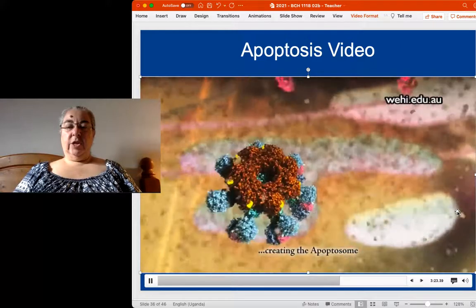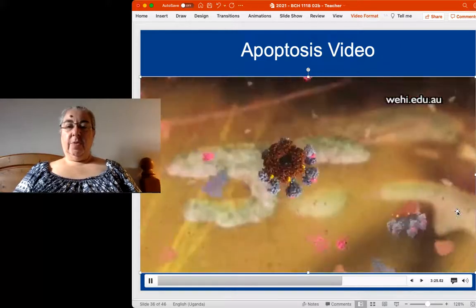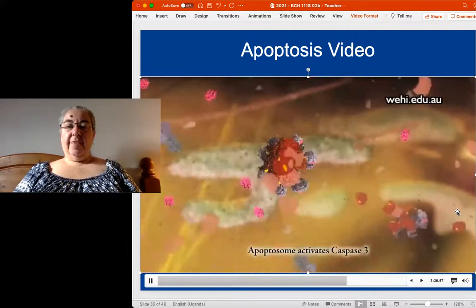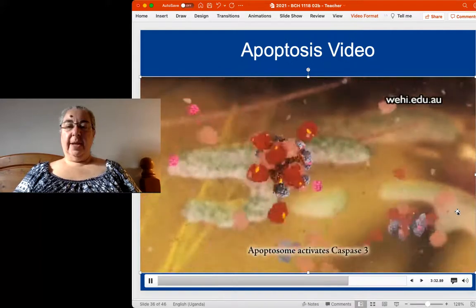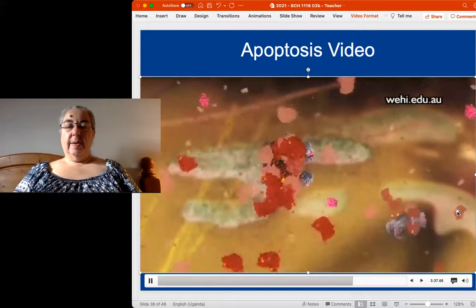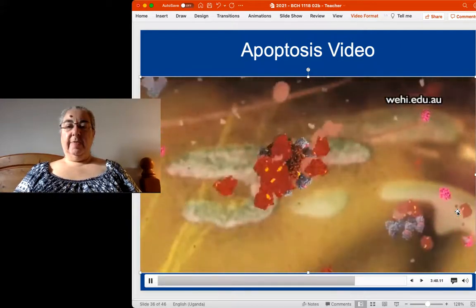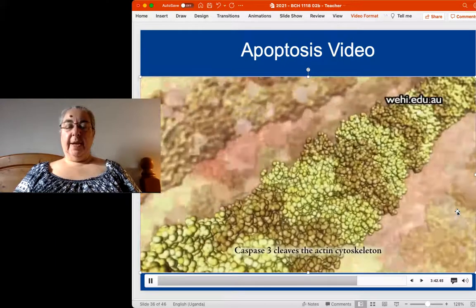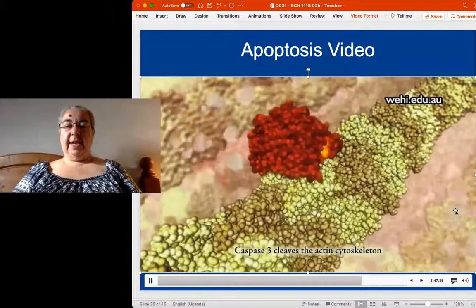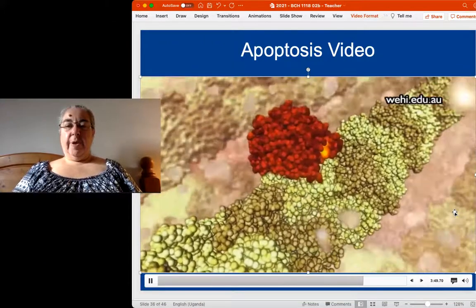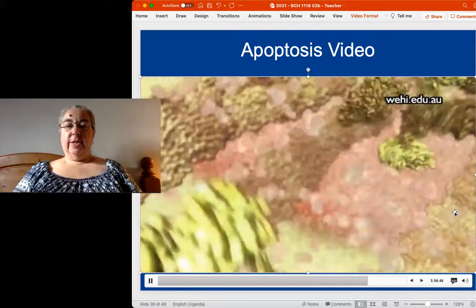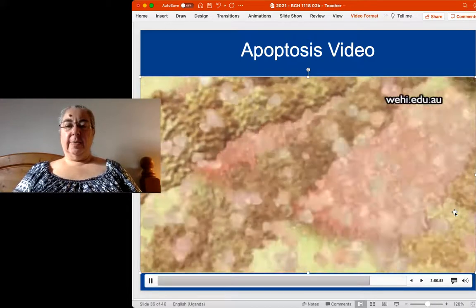So this is a structure called the apoptosome, activating yet another enzyme, another caspase. Many molecules of the other caspase now becoming activated, and now they're going off to start cutting up the cytoskeleton, breaking the actin of the cytoskeleton into its separate subunits.